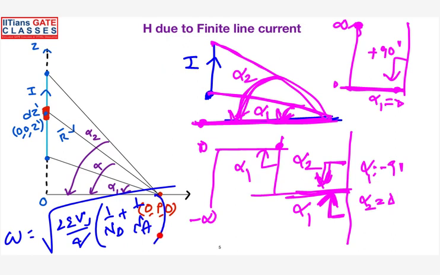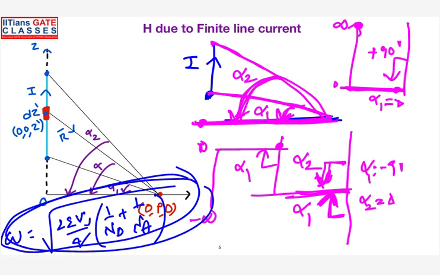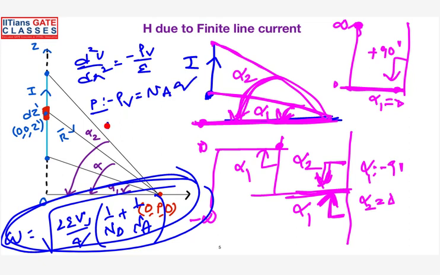He is directly going to tell you the formula. But the concept behind the equation, I told you how to derive: d squared V by dx squared equals minus rho v by epsilon. On the p side, rho v equals Na into q, and on the n side, it is donor atoms into q. So that concept will be written in EDC, but not much.